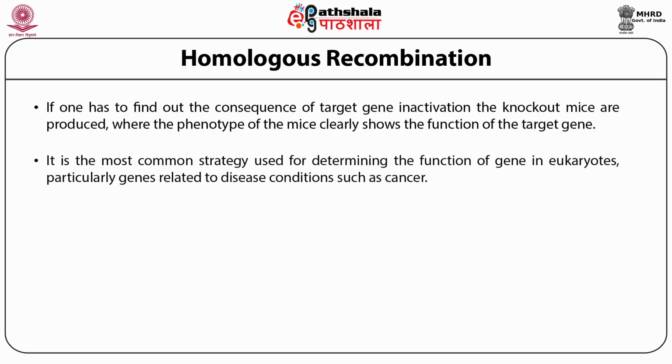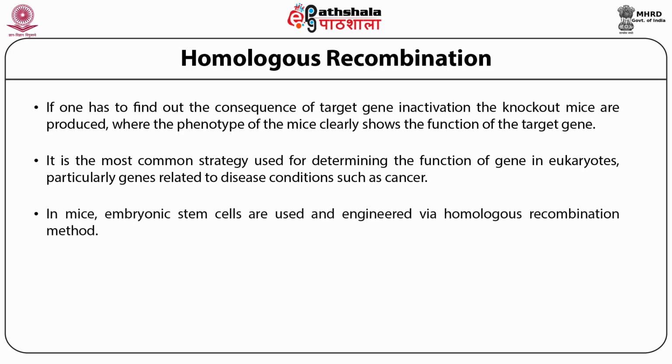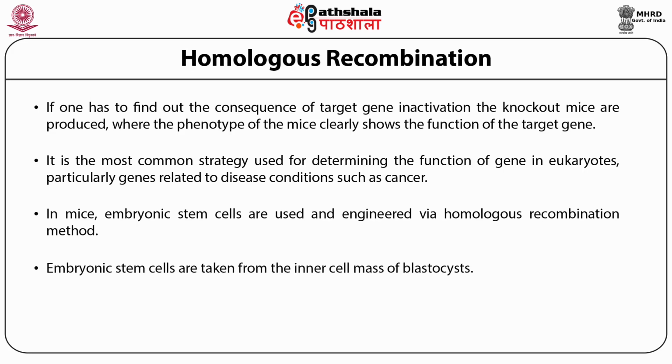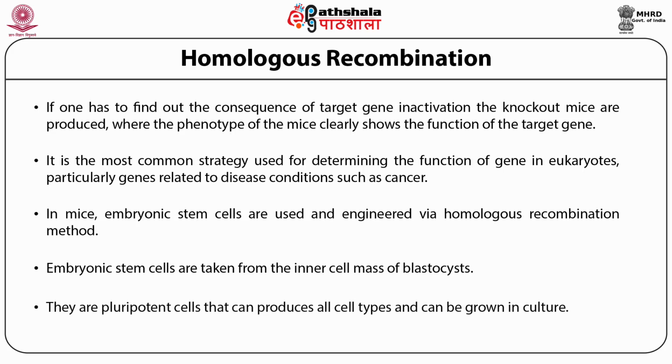It is the most common strategy used for determining the function of a gene in eukaryotes, particularly genes related to disease conditions such as cancer. In mice, the embryonic stem cells are used and engineered via the homologous recombination method. Embryonic stem cells are taken from the inner cell mass of blastocysts. They are pluripotent cells that can produce all cell types and can also be grown in culture.